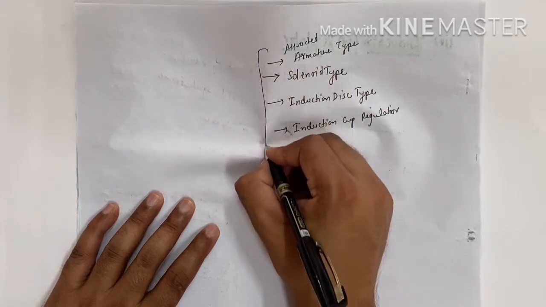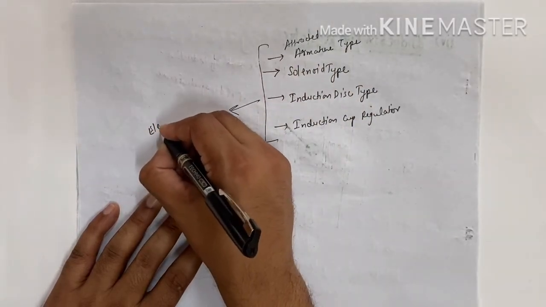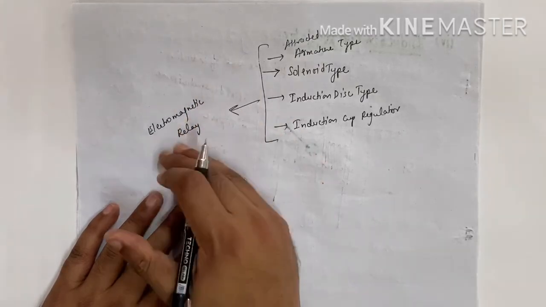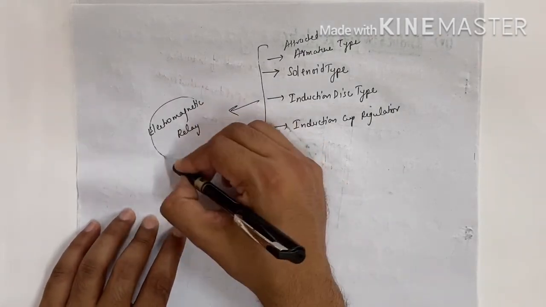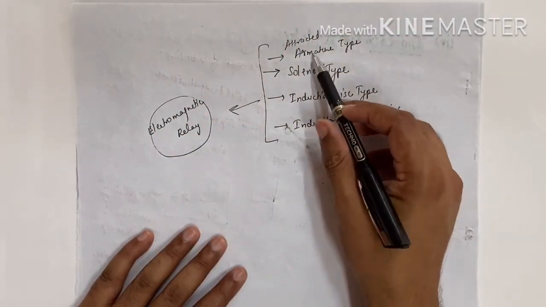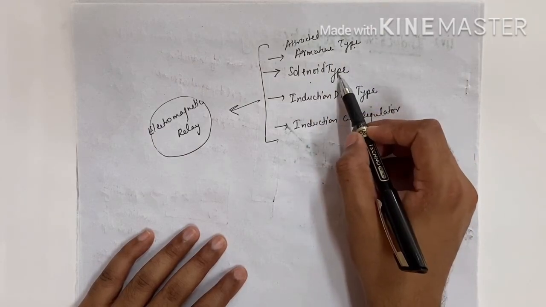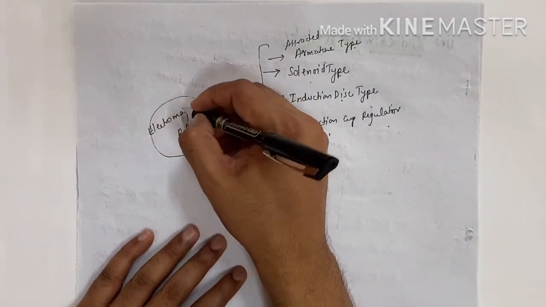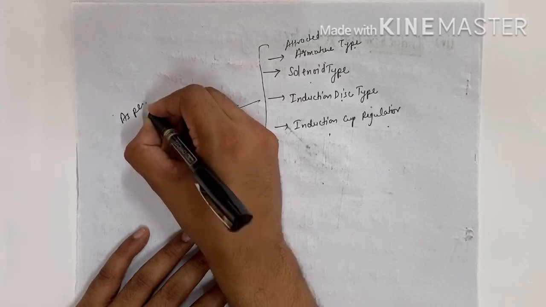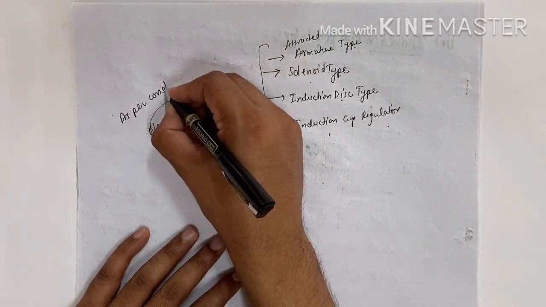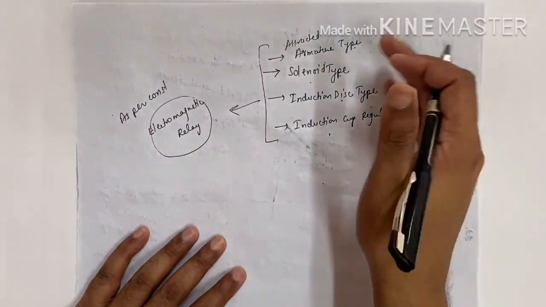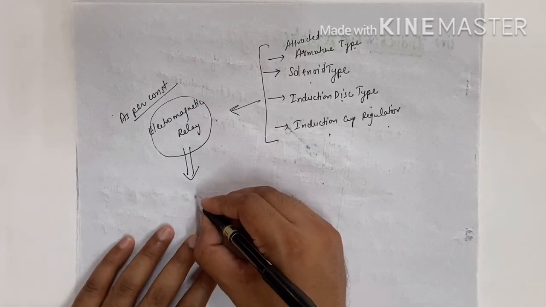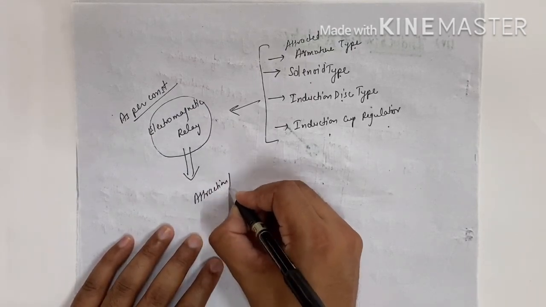So the electromagnetic relay is classified into four categories: first is attractive armature type, second is solenoid type, third is induction disc type, fourth is induction cup regulator type. This classification is as per construction. The electromagnetic relay works on the principle of electromagnetic attraction and induction.